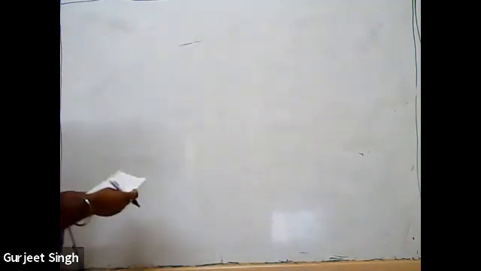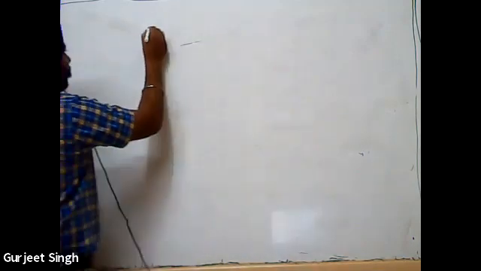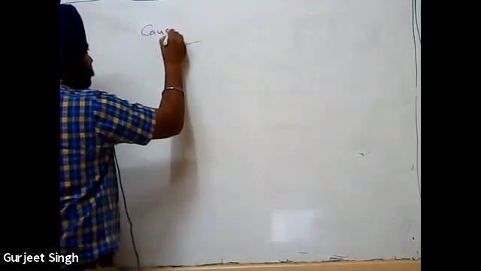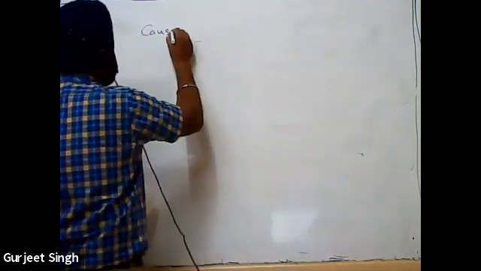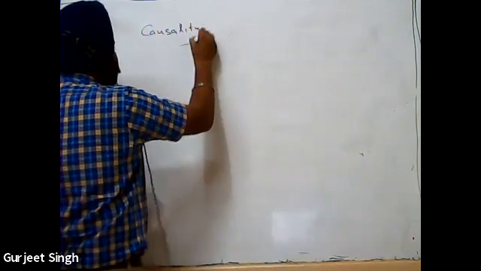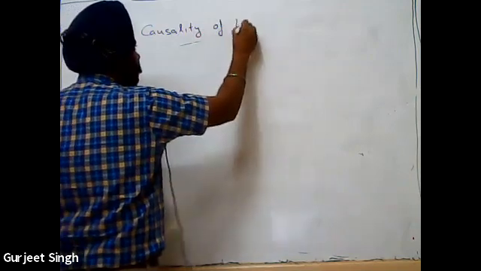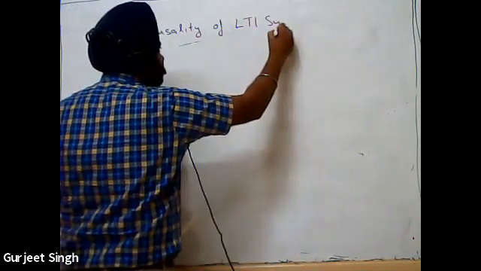Okay, now moving toward the fourth property. Mostly the examiner asks about this fourth property in the question, that is the causality of LTI systems.